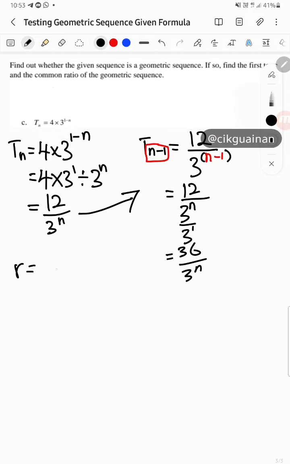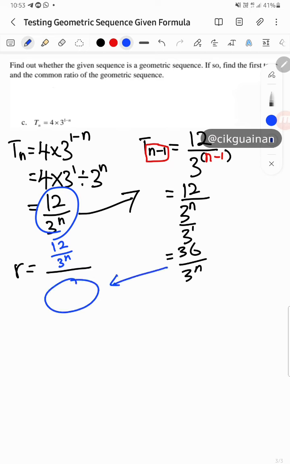And then substitute inside the formula of R. Over here is Tn. What is our Tn? Tn is this one, 12 over 3 power n. And what is Tn minus 1 down here? It is this one, 36 over 3 power n. Now you see so many fractions. Don't worry, we can change this black one into a division symbol.